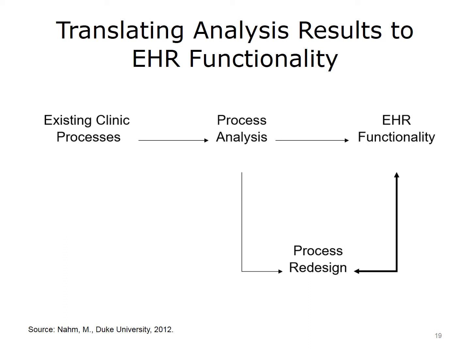Such changes are decided during process redesign and also result in identification of necessary EHR functionality. In turn, an analyst's knowledge of available EHR functionality informs process redesign, i.e., the analyst who is familiar with available functions draws on this knowledge to suggest ways in which technology can be leveraged to improve processes.